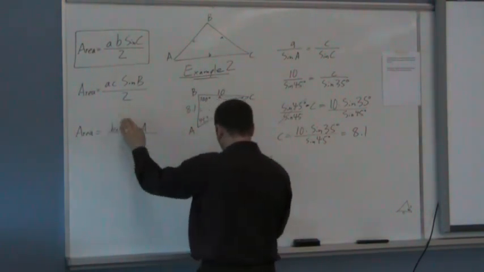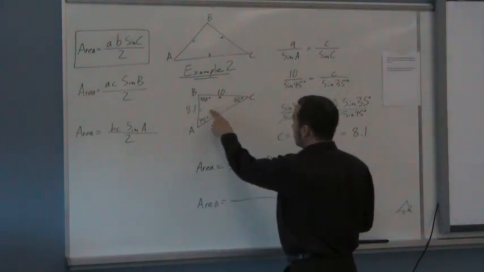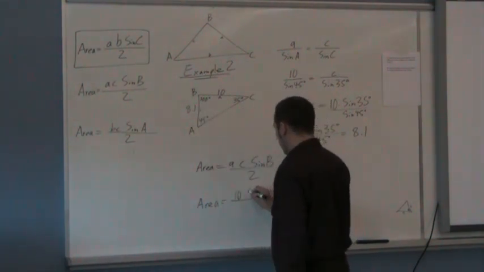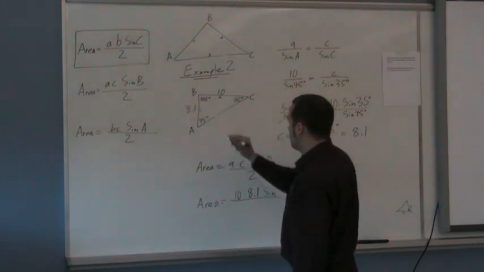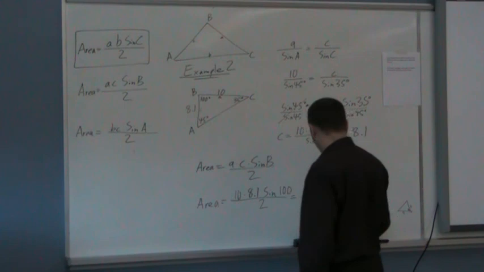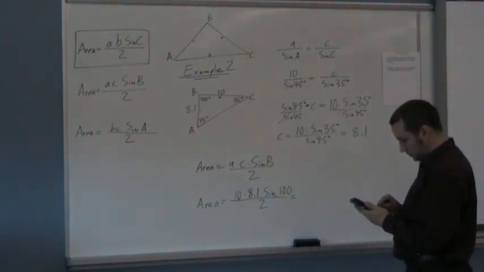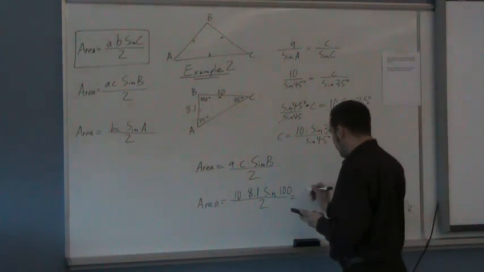So my area is equal to A is 10 times C, which I just figured out is 8.1, times the sine of B, so B is 100, divided by 2. You plug that into your calculator, and you get 39.9.